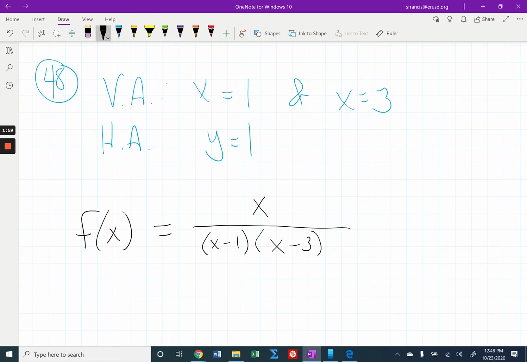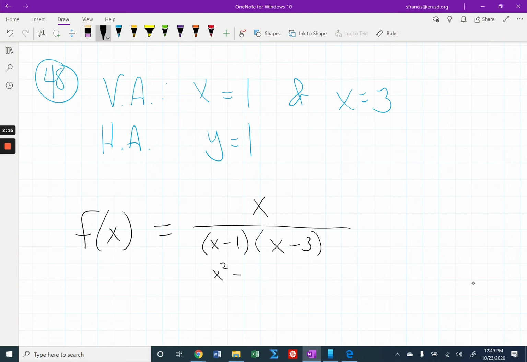We need that to be y equals 1. If I was just to ask what horizontal asymptote this function has as is, without making any modifications, I would multiply this denominator out.